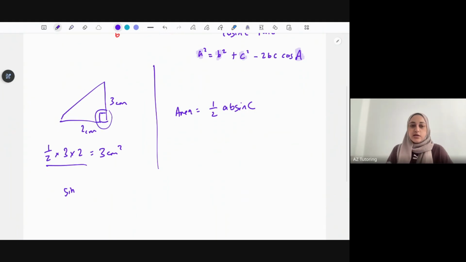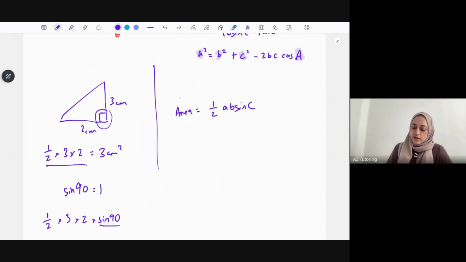If this is angle C, there's your a and b lengths, and sine of 90 is just 1 in a right angle triangle. So essentially we're doing a half times 3 times 2 times sine 90, and we know sine 90 is just 1, so it's irrelevant to have that. That's why in right angle triangles we don't have sine C, but it still does work. They're both the same rule.